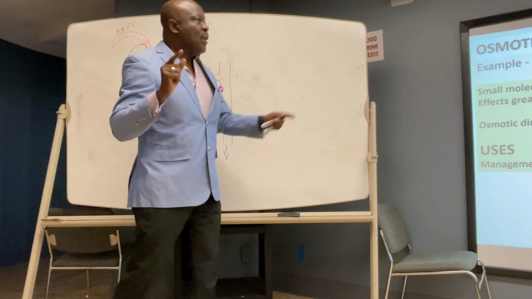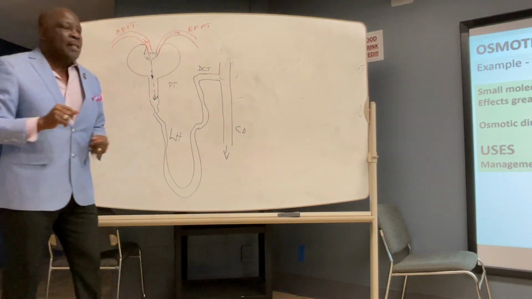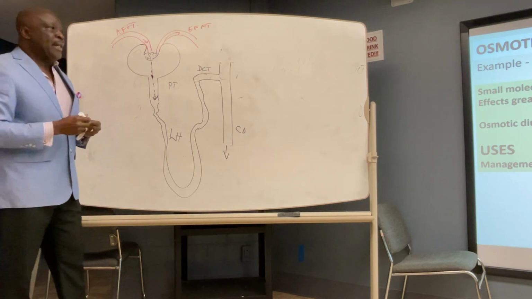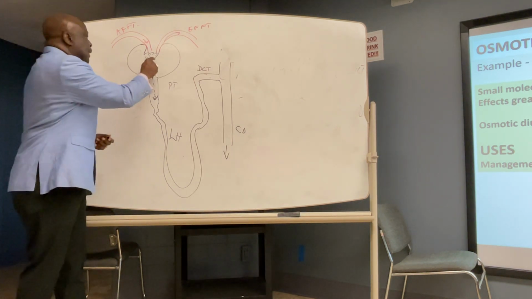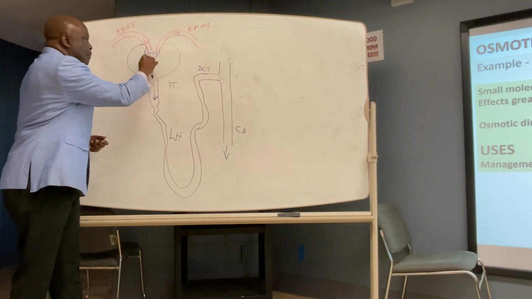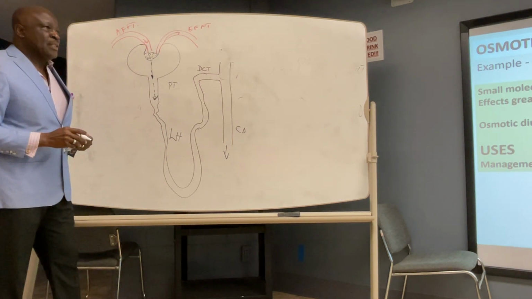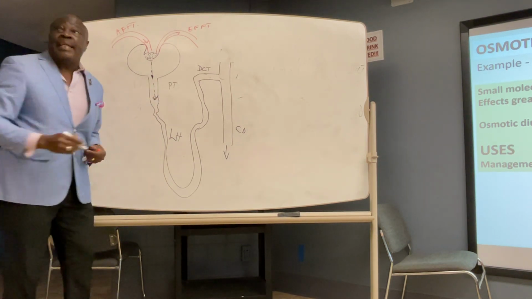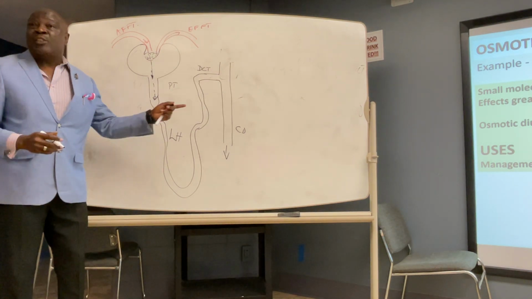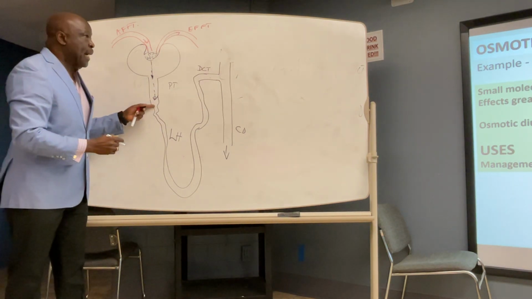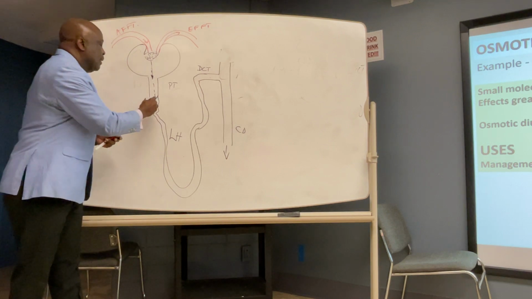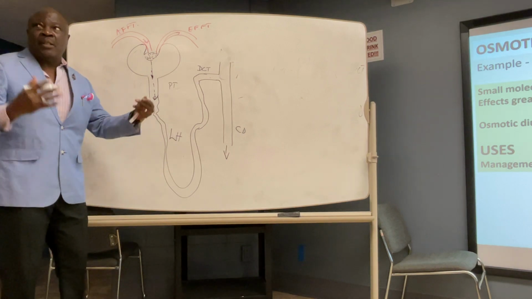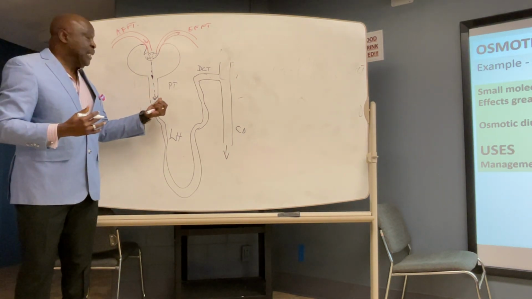Okay. Now, when we talk about mannitol acting as an osmotic diuretic, you give the mannitol, it gets filtered at the glomerulus. But unlike the ions, it's not reabsorbed. So if it is not reabsorbed, what then happens is that there will be a reduction in the reabsorption of water, because the mannitol is osmotic.